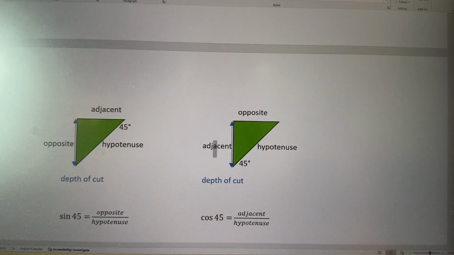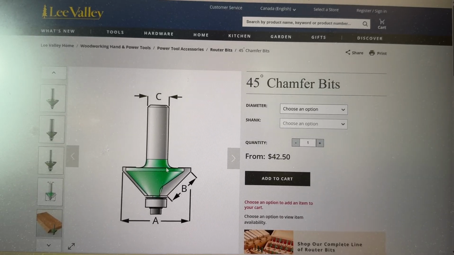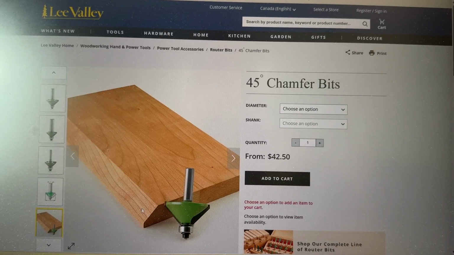So the depth of cut would be again from here to here, or in this picture from this corner here down to about this corner, because this is where the 45, 45, 90-degree triangle is. And then it leaves a little bit of space here because the depth of cut is only this much.